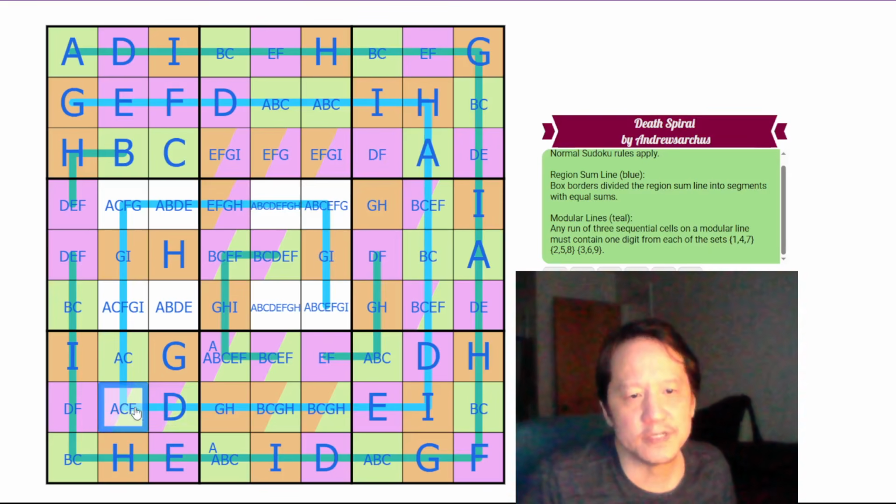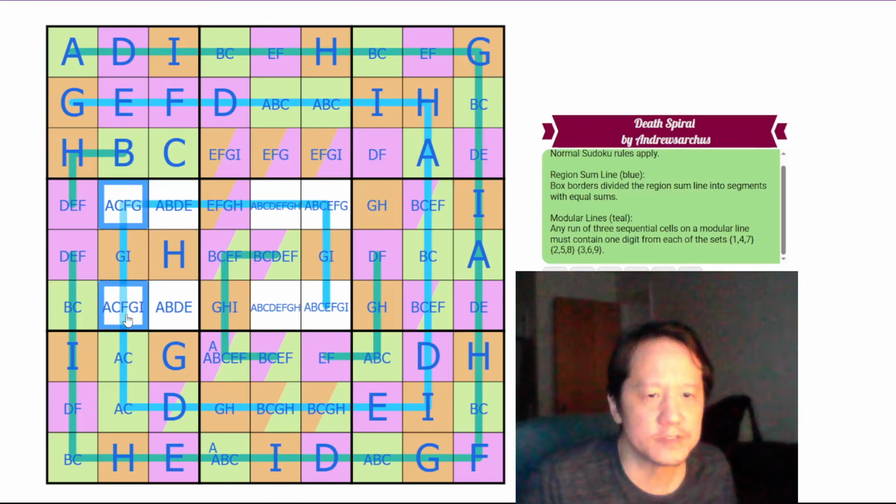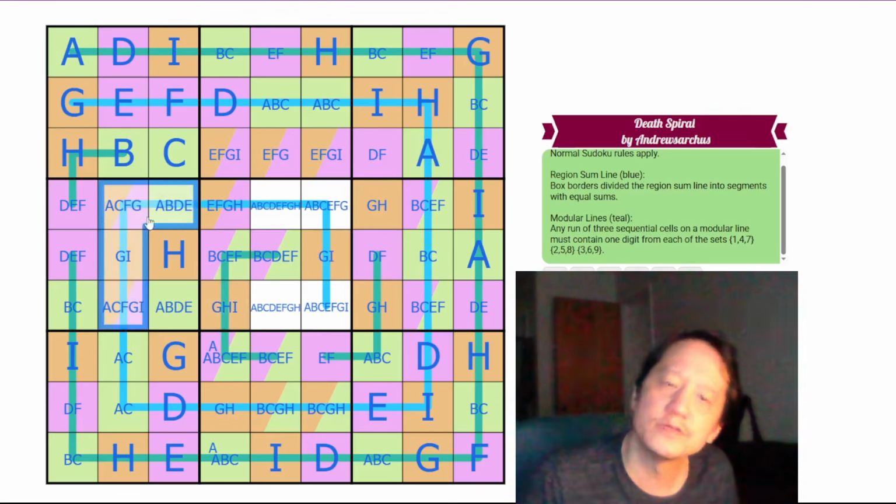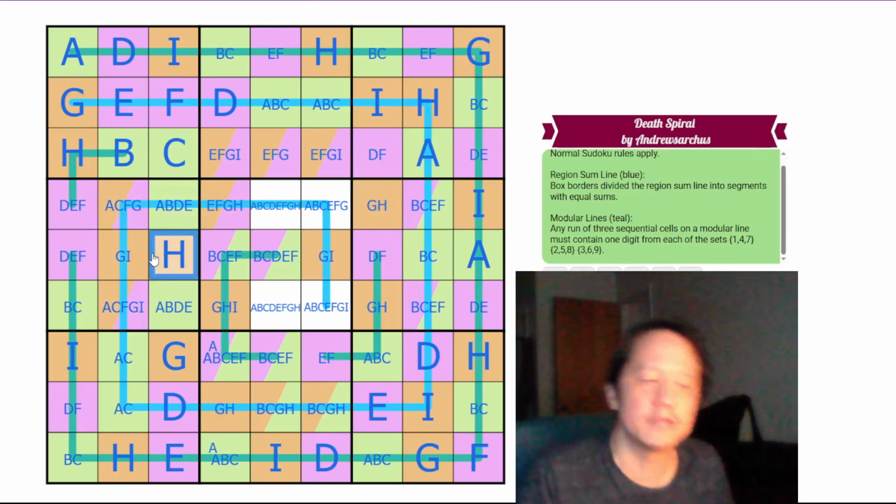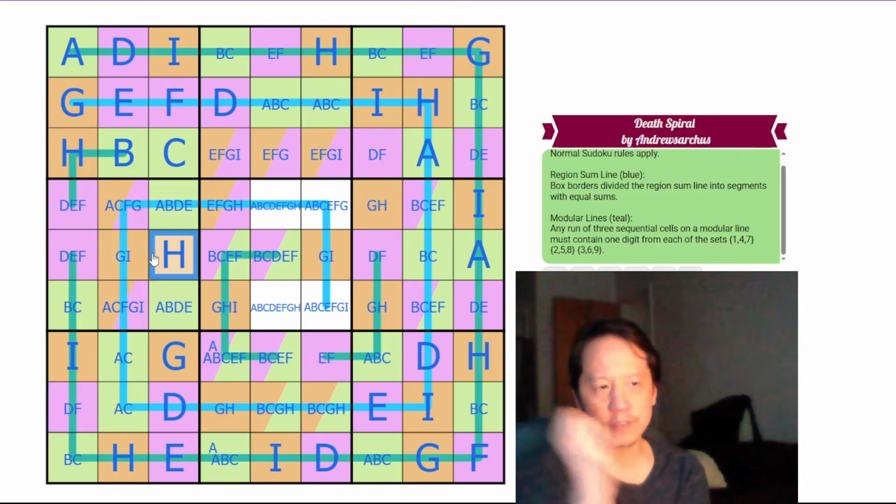If this is D, this becomes an AC pair. So this is both green, which means this is orange and pink. And this must be not green, so this must be a green pair. Nope, we have the same thing. So that's actually interesting. Orange can never be 0 mod 3.